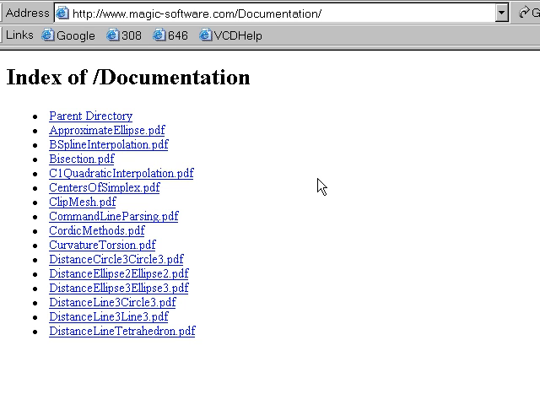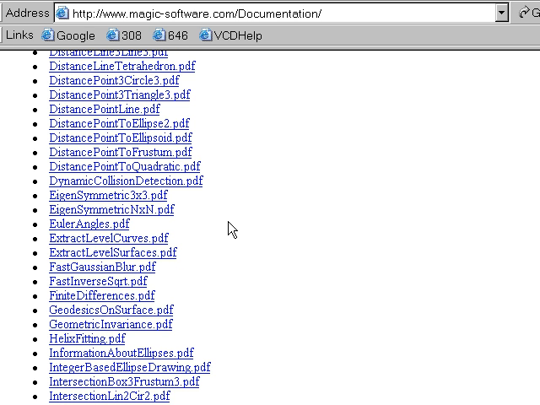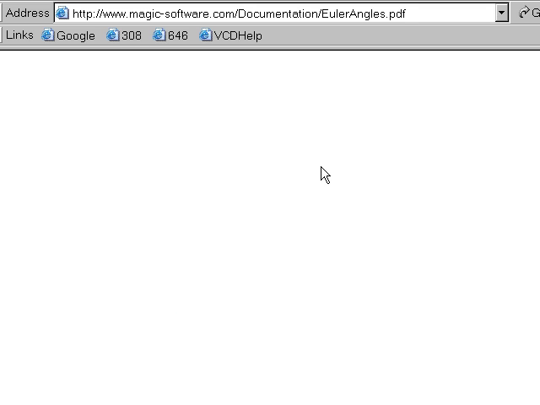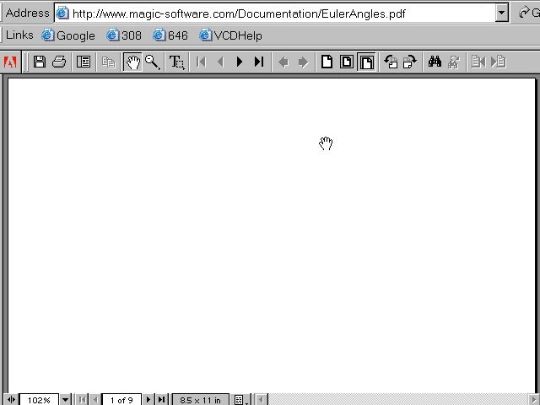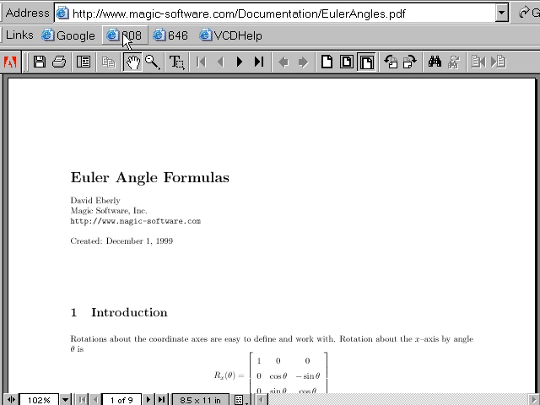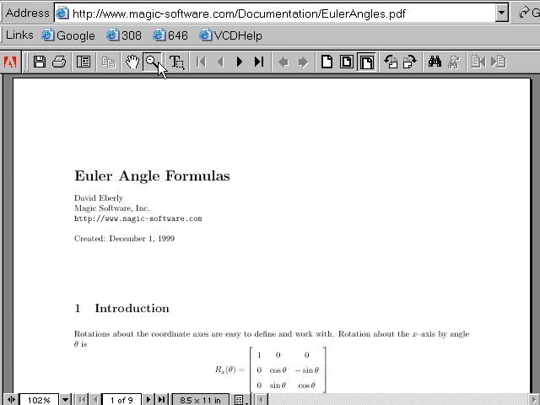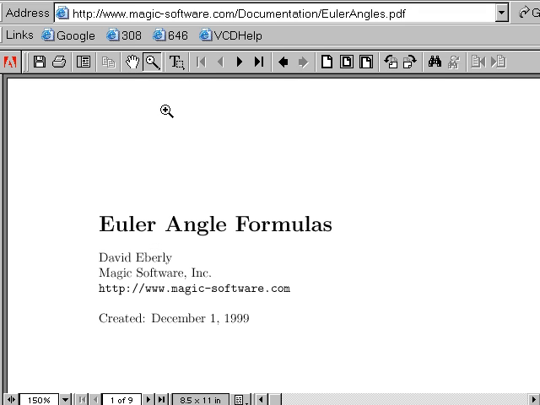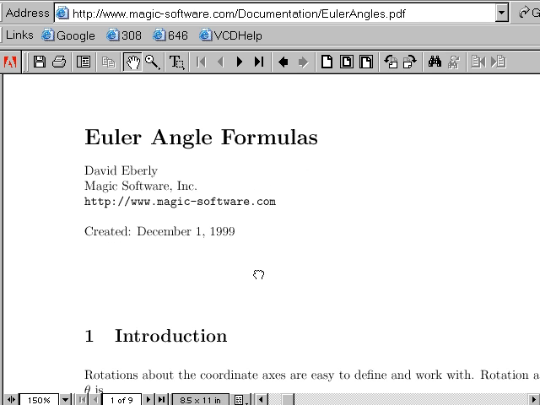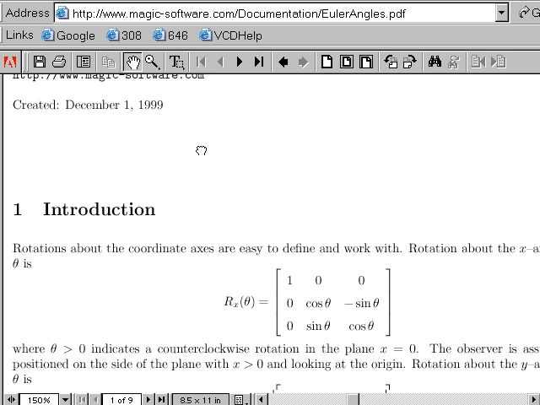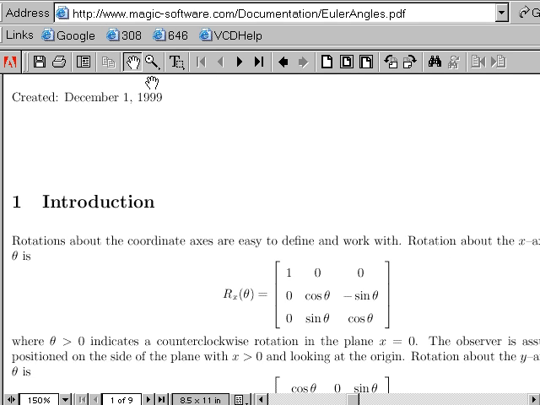Here's a list of preprints which are quite useful. So if we look under Euler angles, this is one way of approaching rotations in 3 dimensions. Okay, so they use a slightly different notation here.